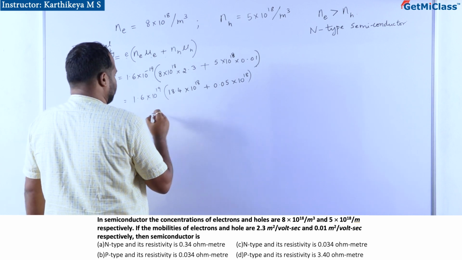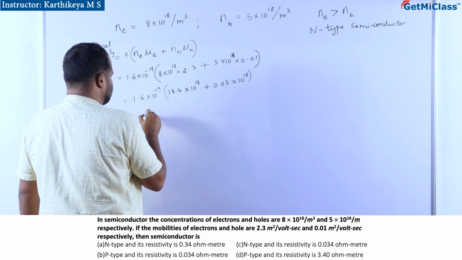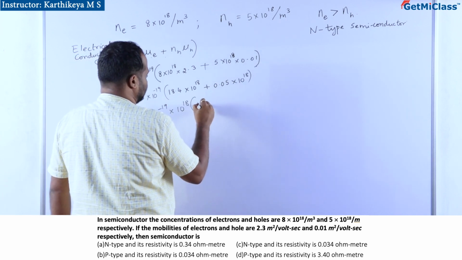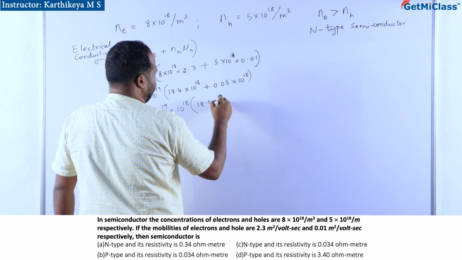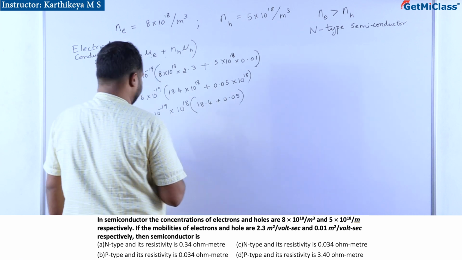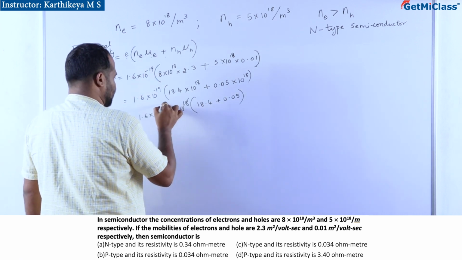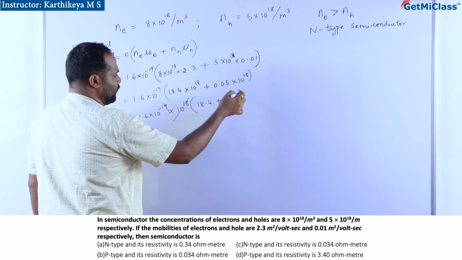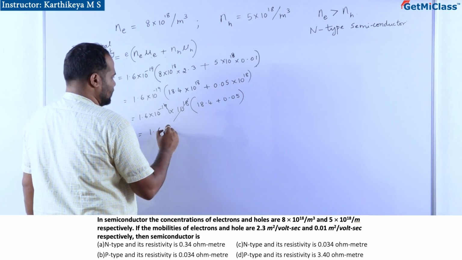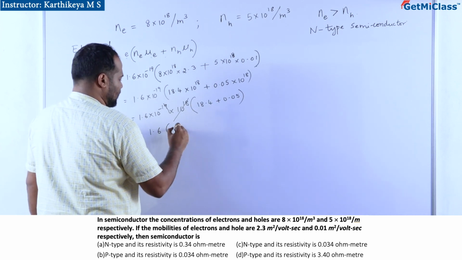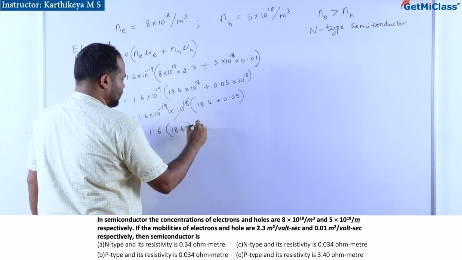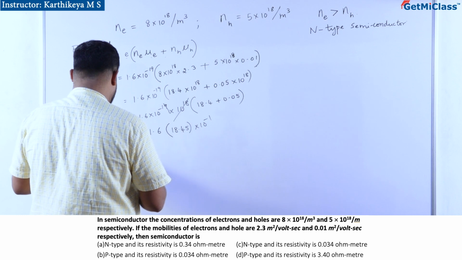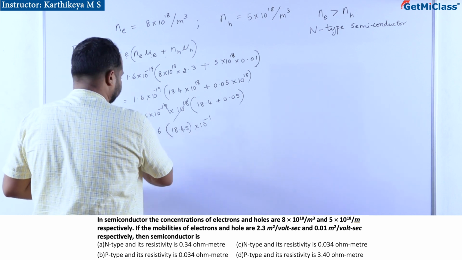So if I take 1.6 into 10 to the power minus 19 into 10 to the power 18 common, then it is 18.4 plus 0.05. So 10 to the power 18 cancels with this, remaining as 10 to the power minus 1. So this is roughly 1.6 into 18.45 into 10 to the power minus 1.